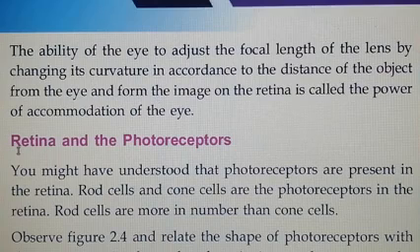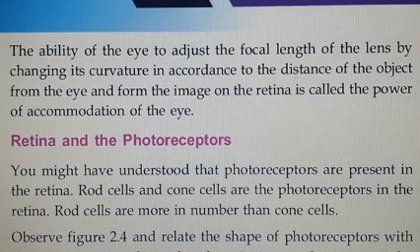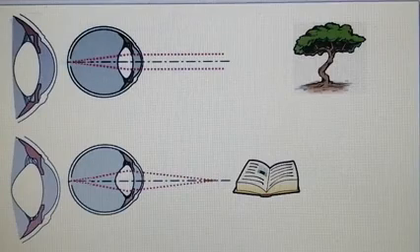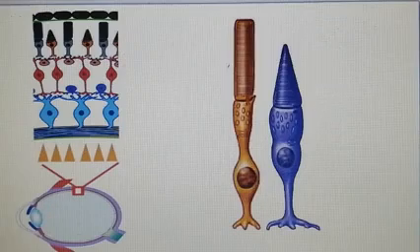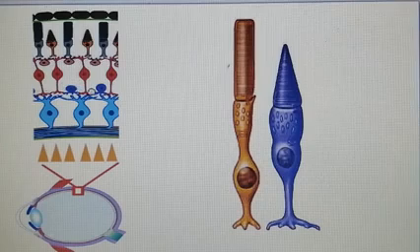Another point we are discussing is retina and photoreceptors. We can see different types of photoreceptors in our retina. This is the part of a retina.